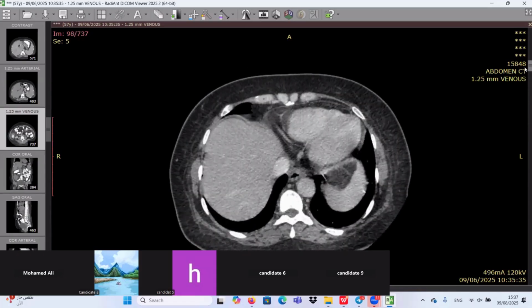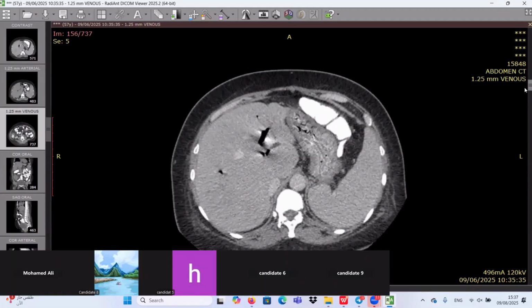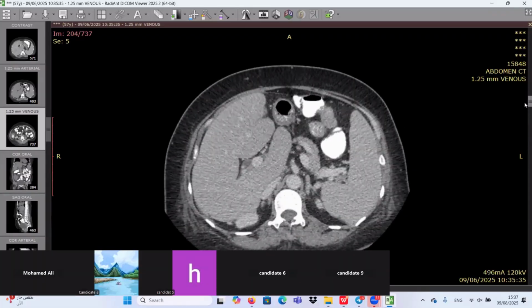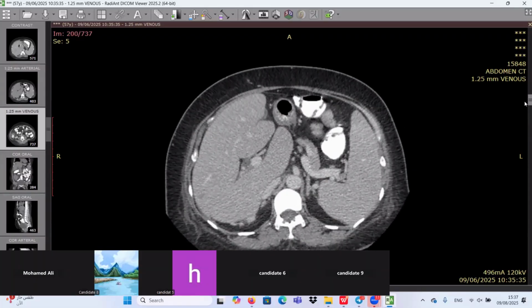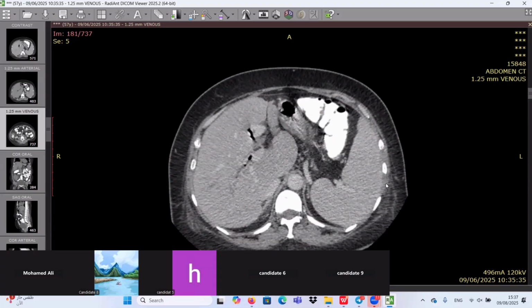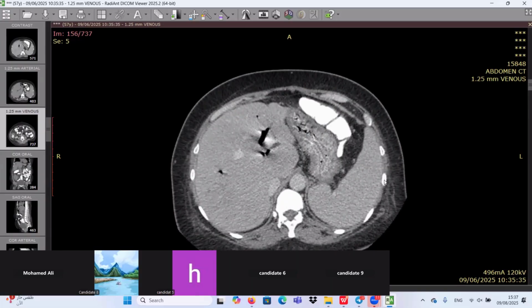You are right, we have an abnormality, but what is this abnormality? There are focal lesions suspicious of metastasis.